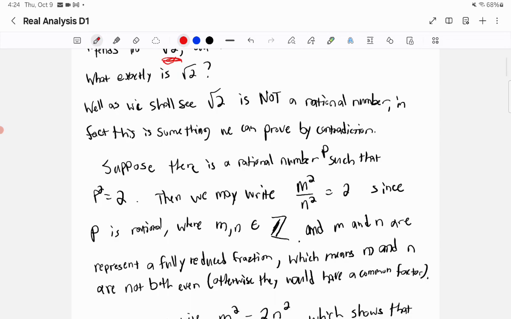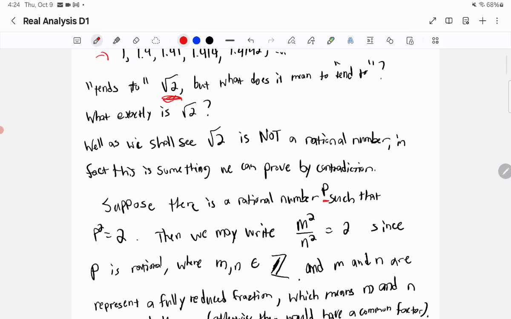So we'll start off with a number p. If the square root of 2 is rational, then we could square both sides, and we can see that p squared has to be equal to 2. So we're assuming that p is rational. Since we're assuming that p is rational, there must be a number m, which is an integer, and a number n, which is also an integer.